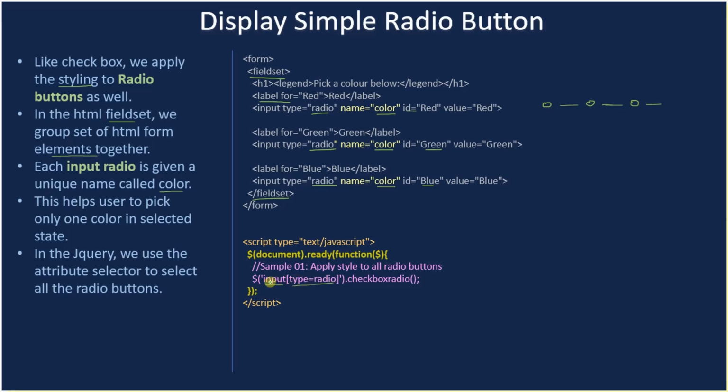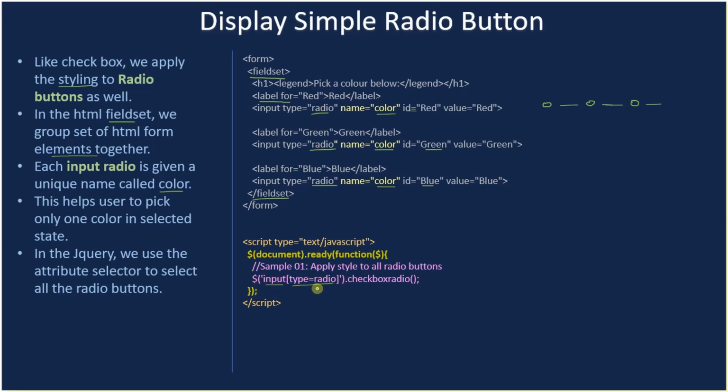That means we are telling it to select all the inputs. Here we have only 3 inputs, and the type should be radio. So in future, if you add some other control, like input type equal to text, this check will be useful to select only the radio buttons. So select all inputs of type radio. That's what this dollar means.